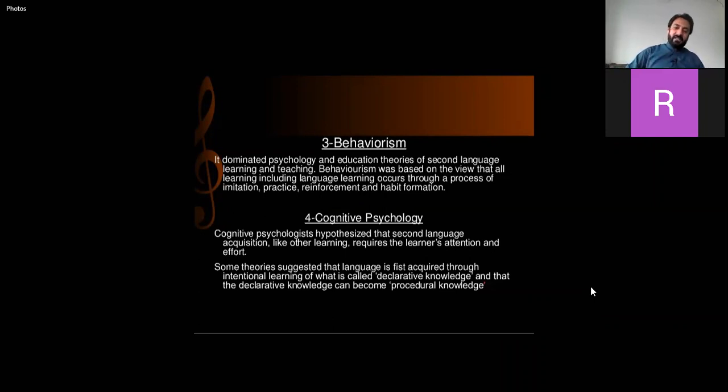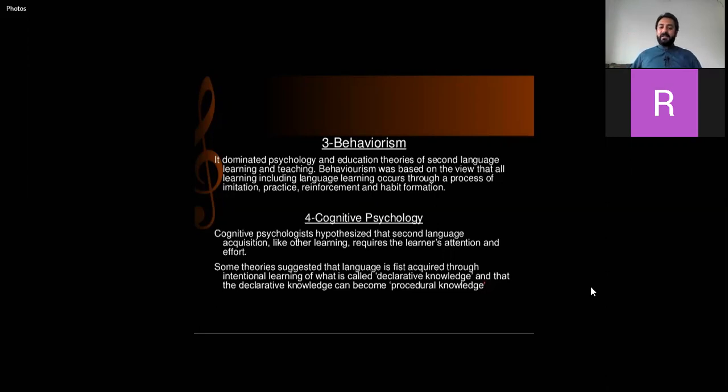The fourth theory is cognitive psychology. Cognitive, as you can see, is related to the mind, to the brain. It emphasizes that learners have to pay a lot of focus, attention, and effort.